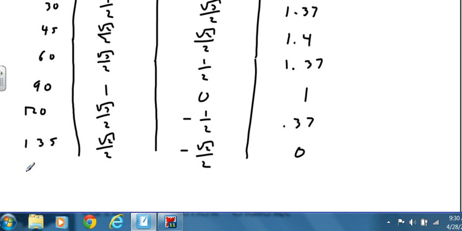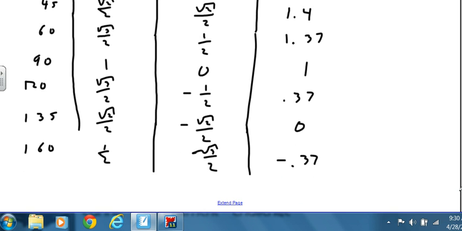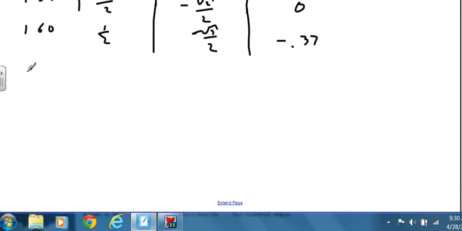Then I look at 150, and I've got 1/2, and I've got minus the square root of 3 over 2, and that's probably minus 0.37. And then I look at 180, and I'm at 0, minus 1 for a minus 1.